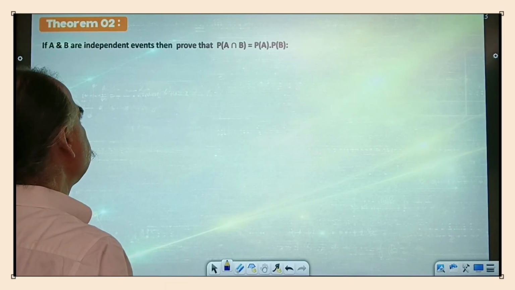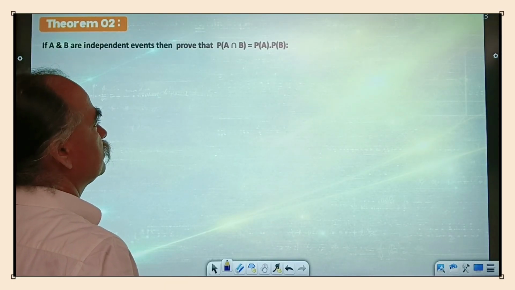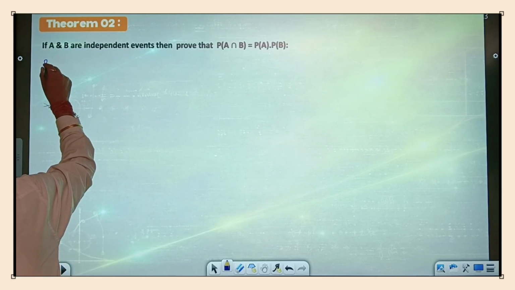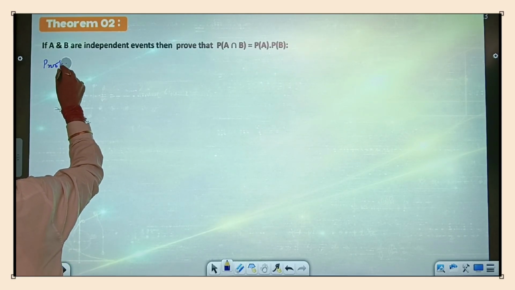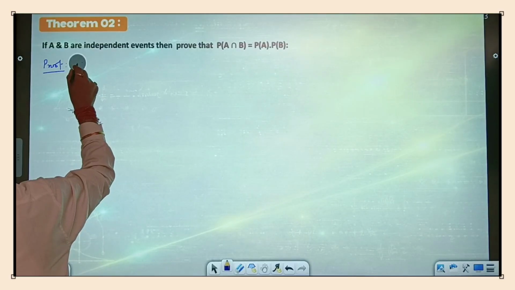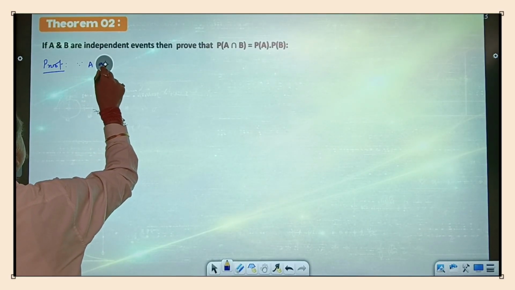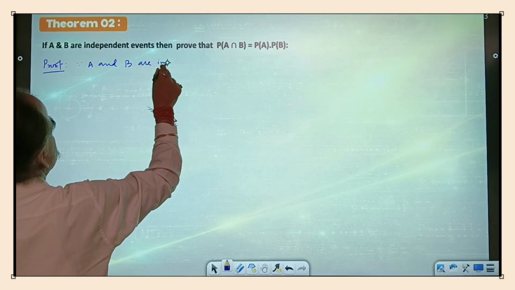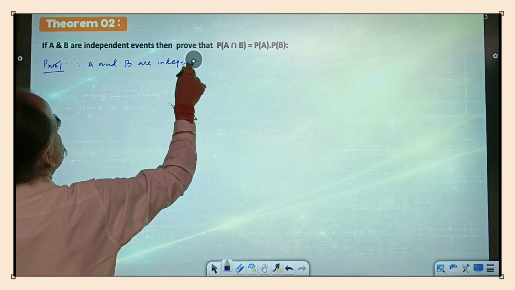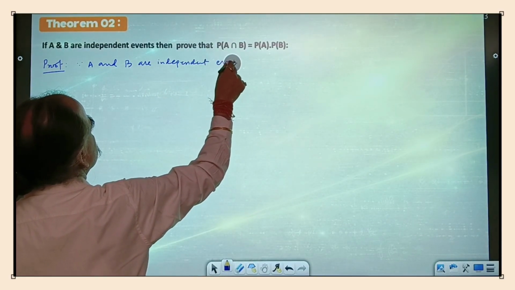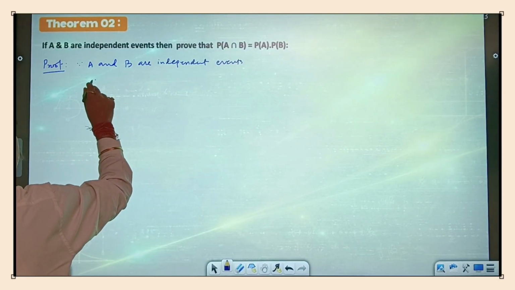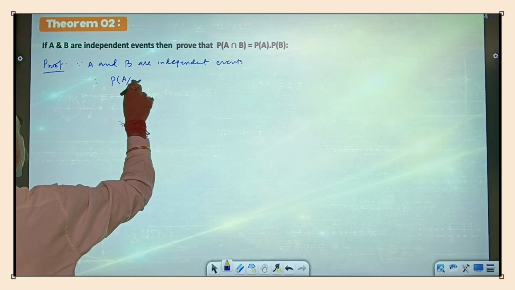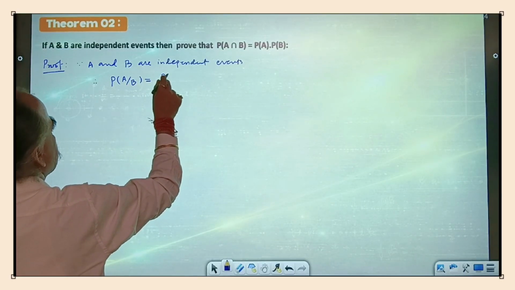If A and B are independent events, then prove that P(A intersection B) is what? P(A) into P(B). Since A and B are independent events, therefore P(A/B) is what? P(A).